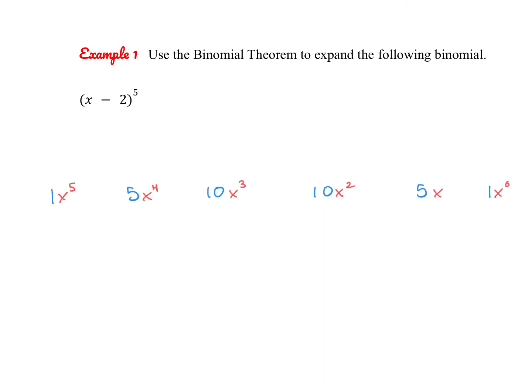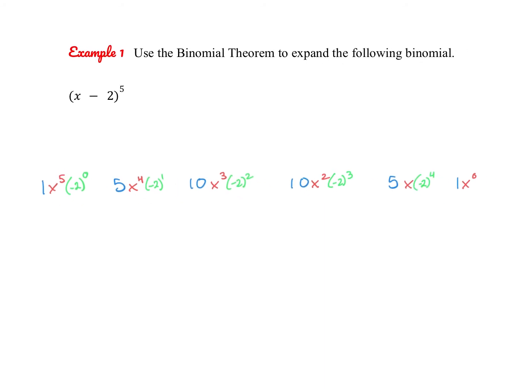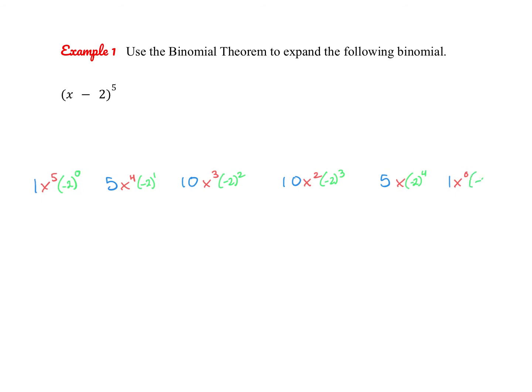We do need to be careful with the negative. We're going to start by raising it to the power of 0, and then that will increase with each successive term. So it's -2 to the power of 1, -2 squared, -2 cubed, -2 to the 4th, and -2 to the power of 5, which is our n value. And then we're just going to add all of those terms.